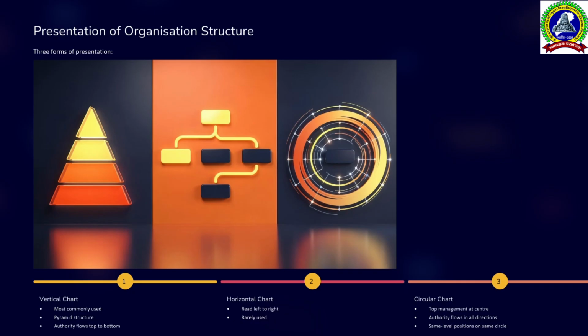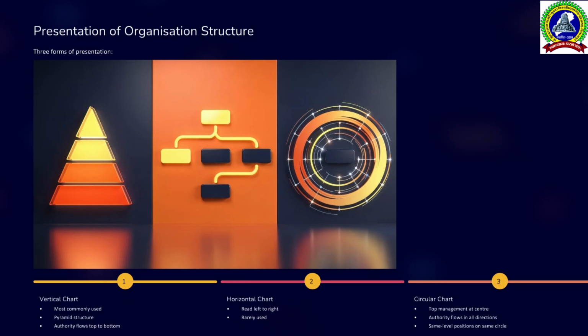The horizontal chart, though conceptually similar, presents authority from left to right. Top management appears on the left and lower levels extend horizontally. This format is rarely used because it is less intuitive and harder to interpret in larger organizations.